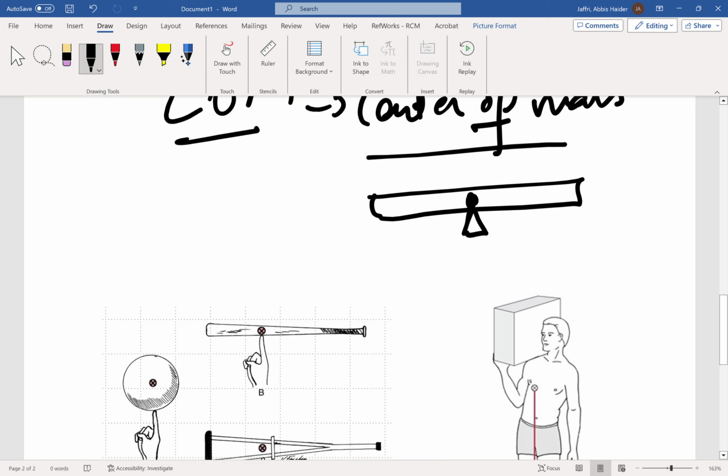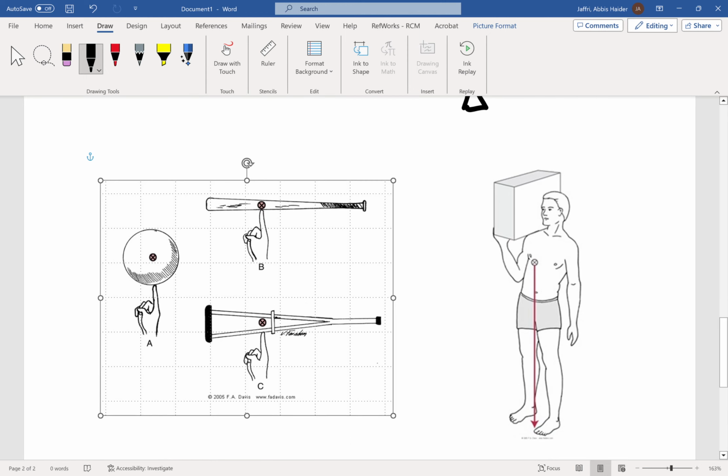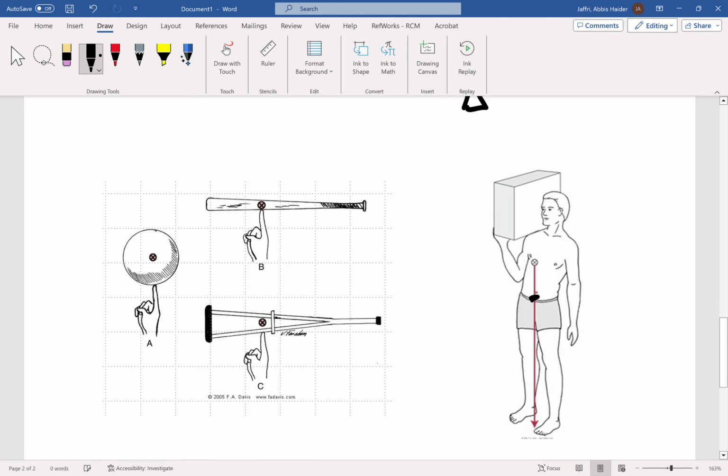Human body center of mass is usually located here, where my marker is, that is your S2. S2 is your second sacral vertebra. That's where your center of mass is located. However, this keeps on changing, for multiple reasons. For example, this person here is carrying weight on his shoulder.